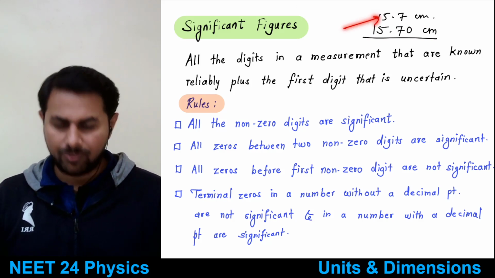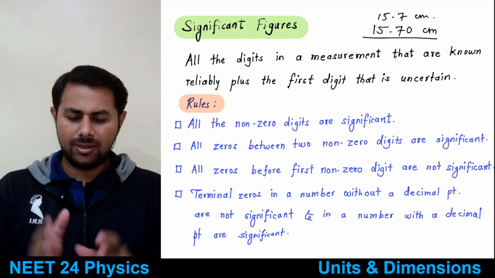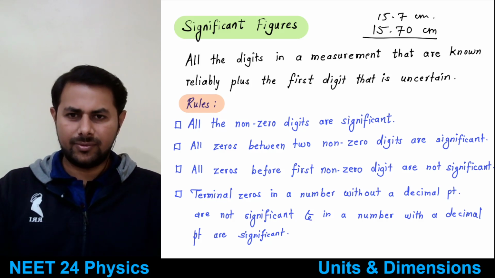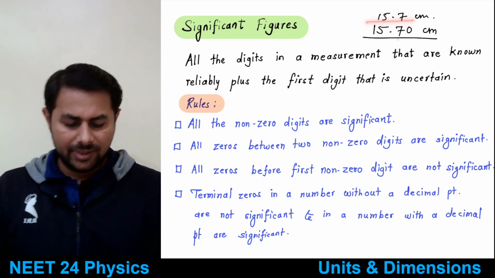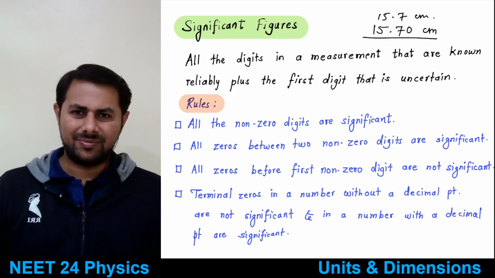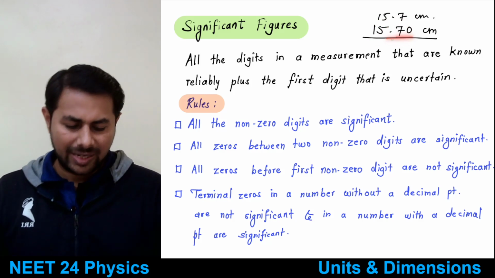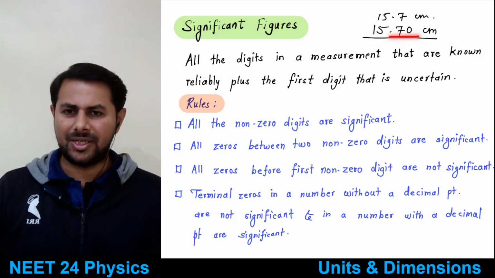So this is the matter of precision, right? If I say 15.7 centimeters, the reading has been taken with the normal scale, your centimeter scale actually, which you keep in your compass box. And this reading can't be taken using the centimeter scale. Here the device used is the vernier caliper. This is a more precise instrument.